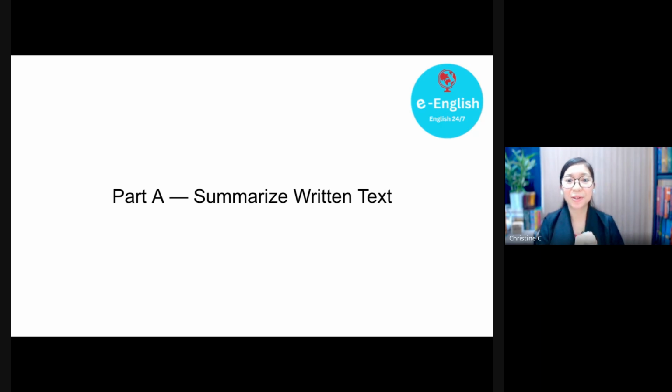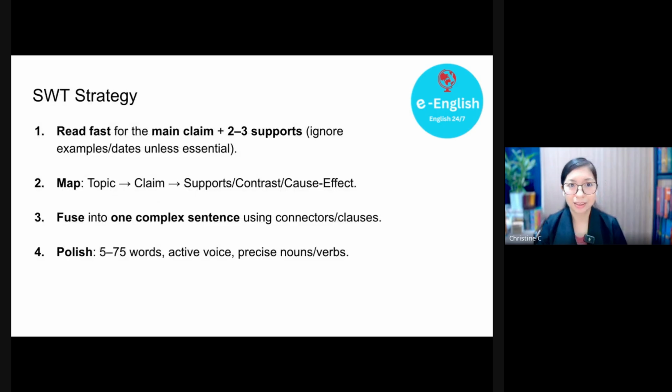All right, so now we're going to start with the first part, which is summarize written text. So here is the strategy that we propose. When you see the passage, read fast for the main claim. Usually it is easy to spot the main topic, the main idea, and you should be able to read that as a sentence.